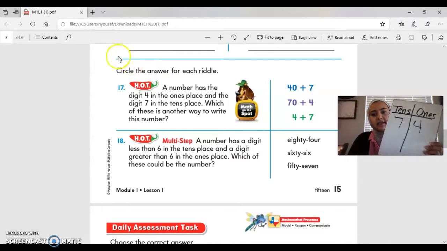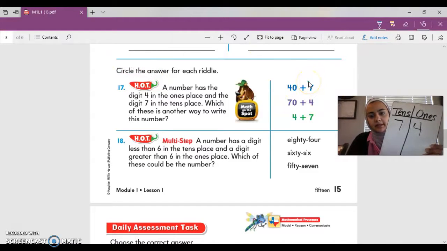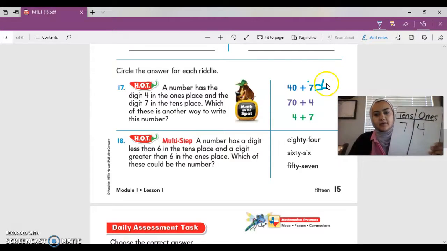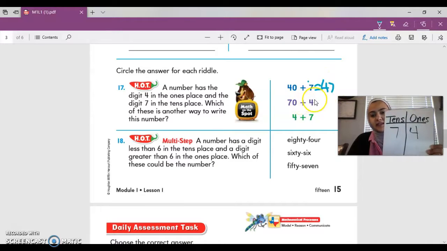Which one of these shows 74? Let's see. 40 plus 7 is not 74. That's 47. They've mixed up the digits there. 70 plus 4 is 74.